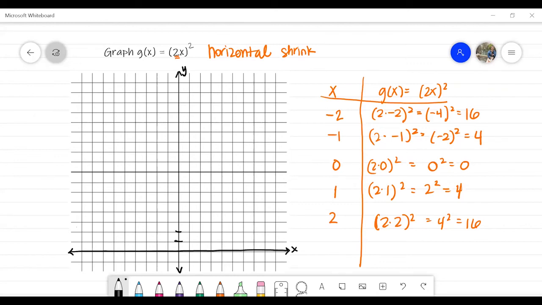So 1, 2, 3, 4, 5, 6, 7, 8, 9, 10, 11, 12, 13, 14, 15, 16. And then I should also label 4. 1, 2, 3, 4. And then we're going to the left and to the right till 2 and negative 2. 1, 2. There we go.